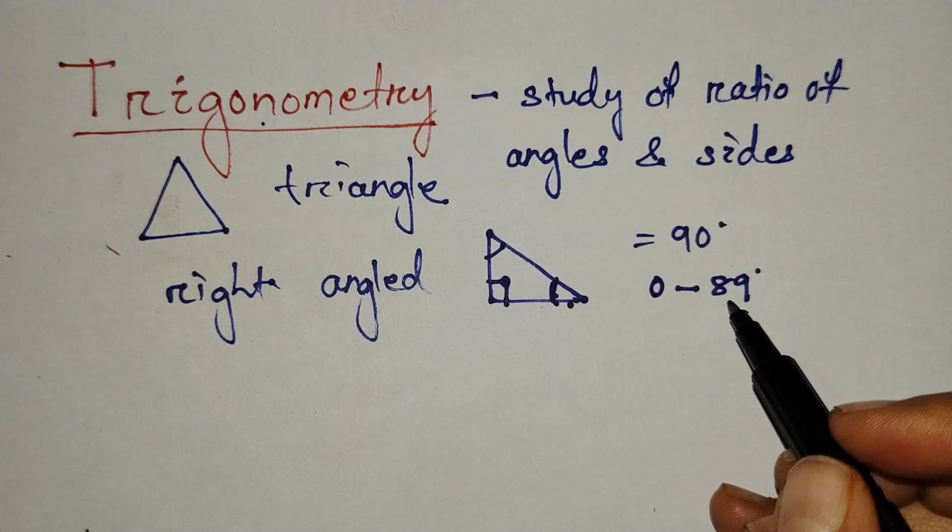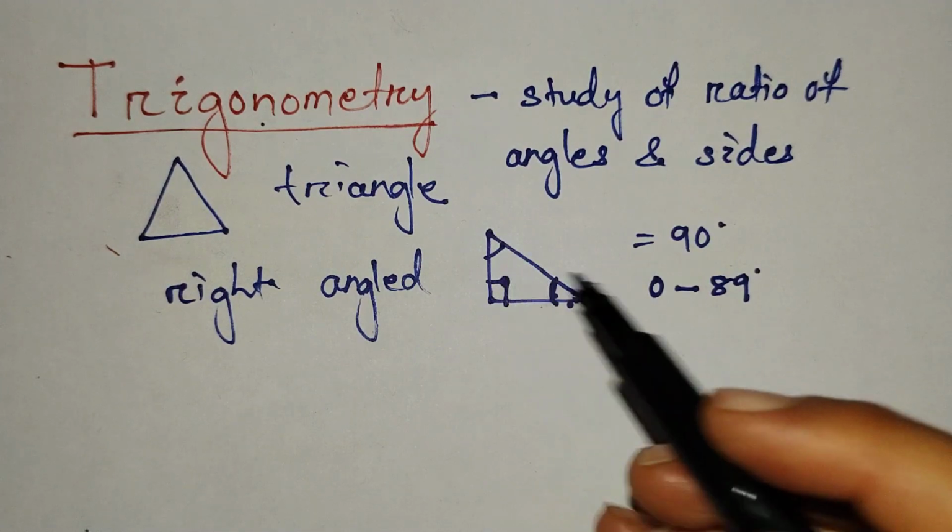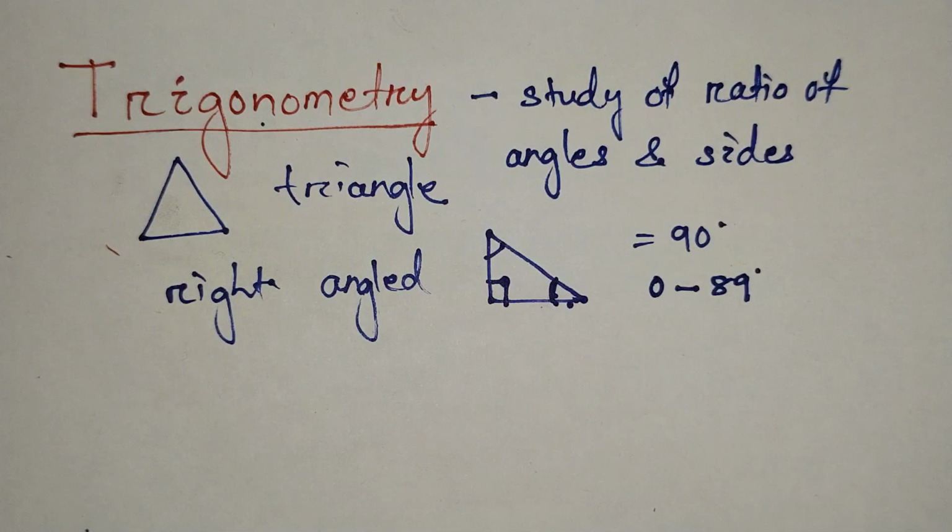So for different values there are different ratios. For a right angle triangle, in this trigonometry section, we study different values for different angles, meaning different ratios according to their side ratios.